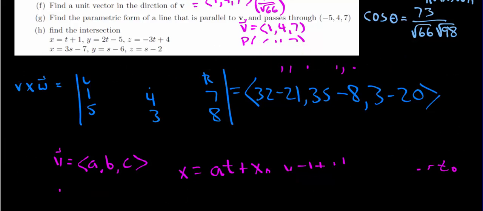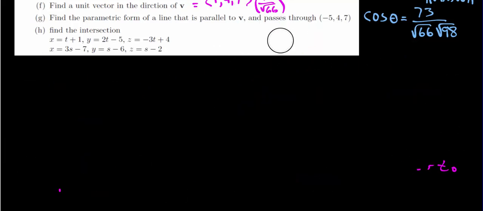In other words, we want to know, is there a t value and an s value such that if we put the s value in the second line and the t value in the first line, we get the same ordered triples, the same x, the same y, and the same z. So first of all, let's set the x's equal.